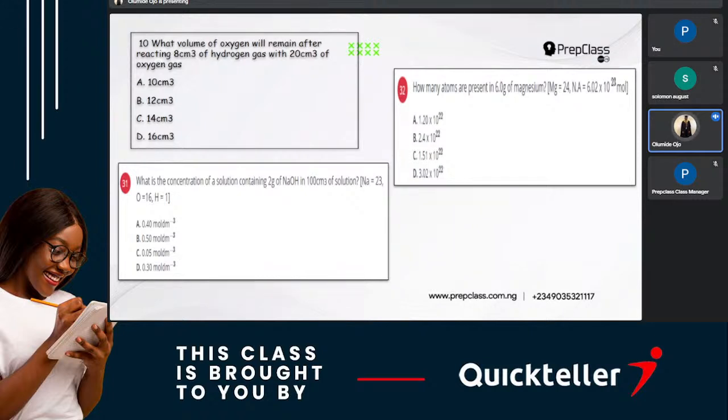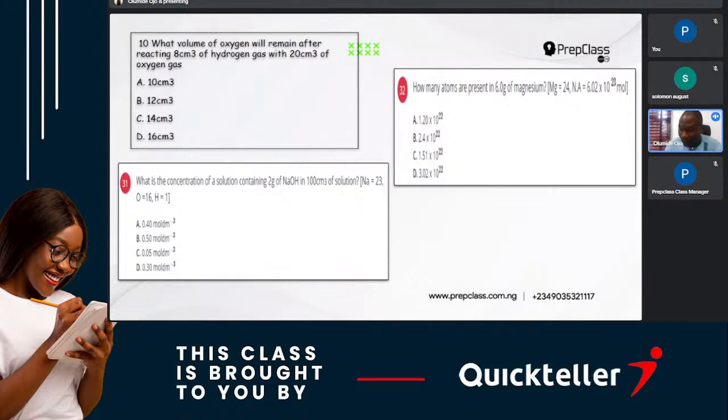We are looking for the concentration, and the molar mass of NaOH: Na is 23, O is 16, and H equals 1. So NaOH will give us 23 plus 16 plus 1. That would be 40. So the molar mass of sodium hydroxide is 40. The mass is 2.